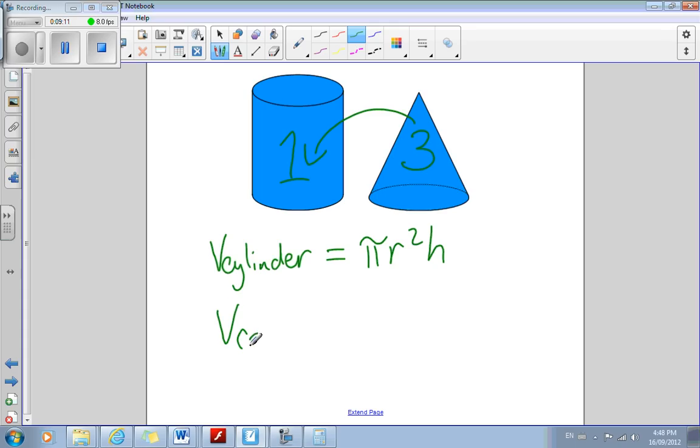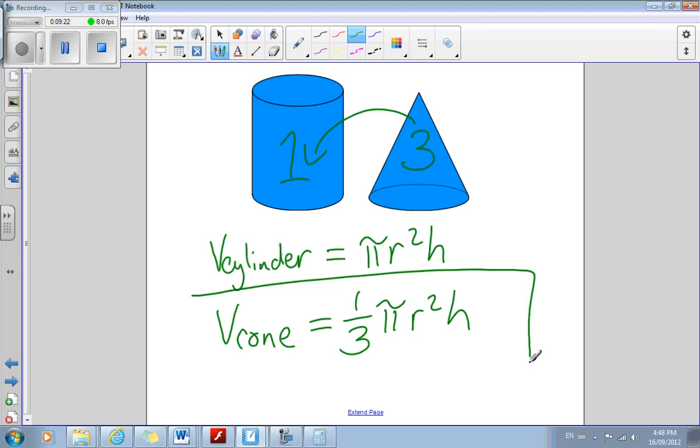So for a volume of a cone, we have the same relationship where we do 1/3 the volume of the cylinder. So 1/3 pi r squared h. So here's the other formula that we'll be using today. Volume of the cone equals 1/3 pi r squared h.